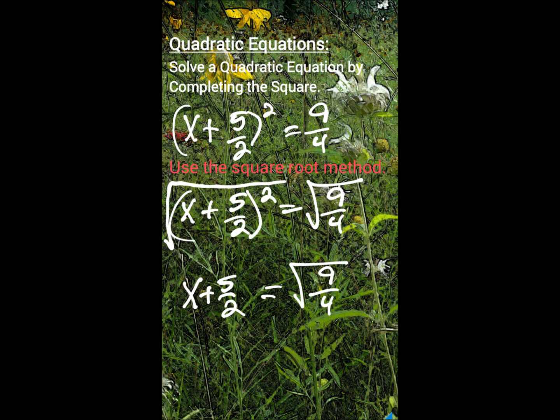So we utilize the square root method. We'll have x plus 5 over 2 equals plus or minus the square root of 9 over 4.